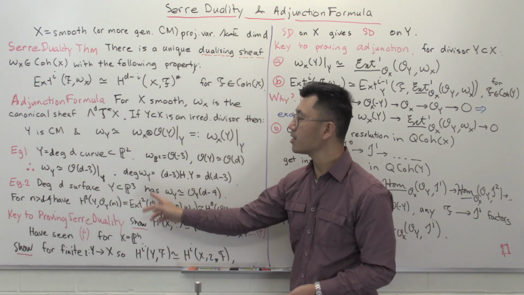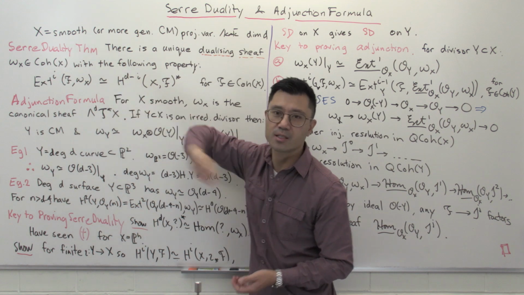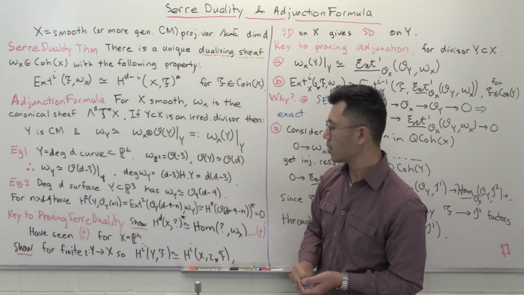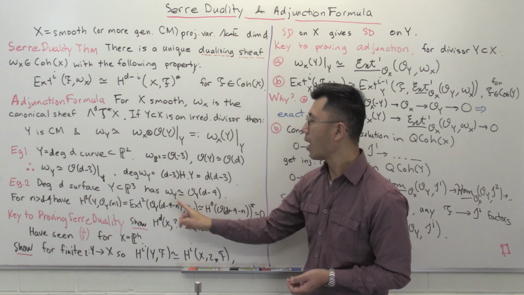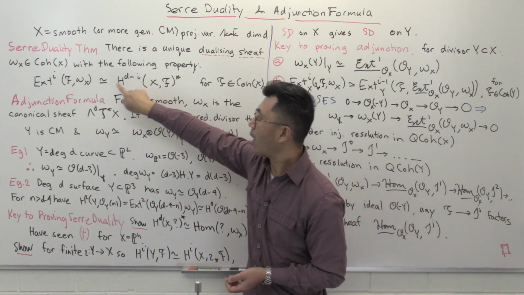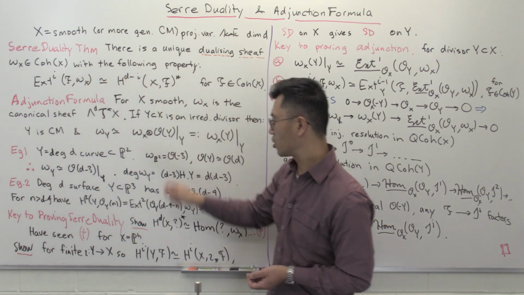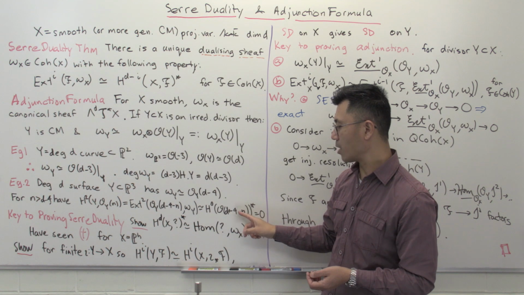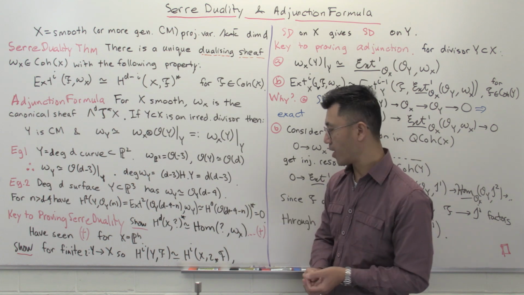Okay, once you have it in this form, you can use the Serre duality as I've written it here. Here's the omega y. So what you do is you just look at this term here, and in this case, the dimension is 2. I equals 2, so this will be h0 of O d minus 4 minus n, and it's a star of that.